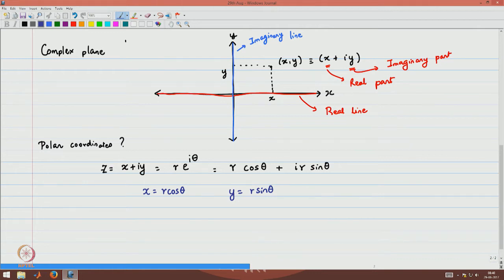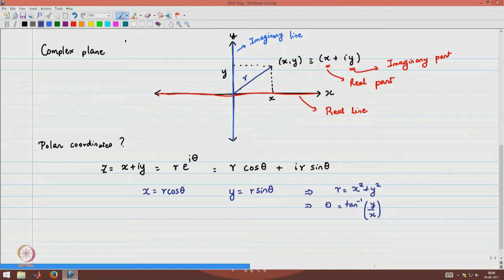That means r is equal to the square root of x square plus y square, and theta is equal to tan inverse y by x, just like usual.